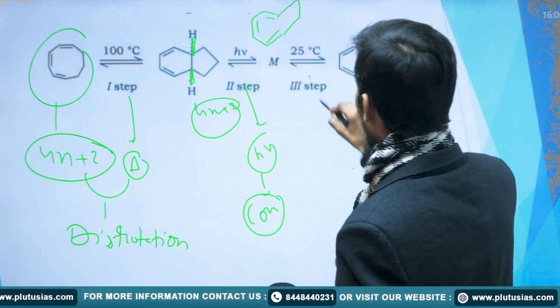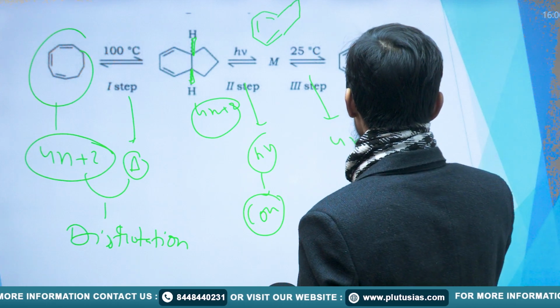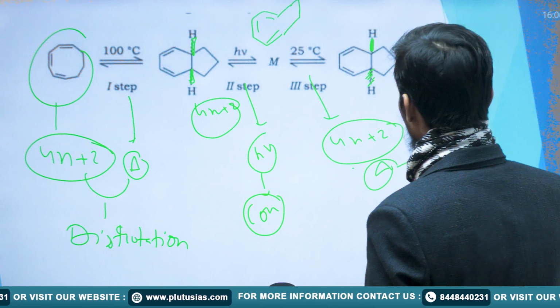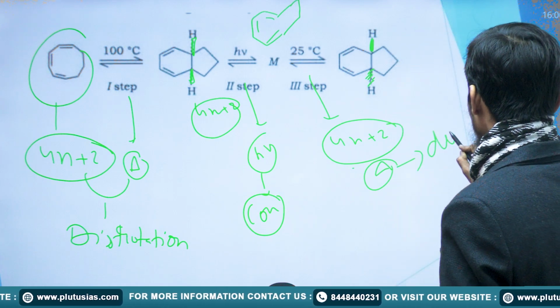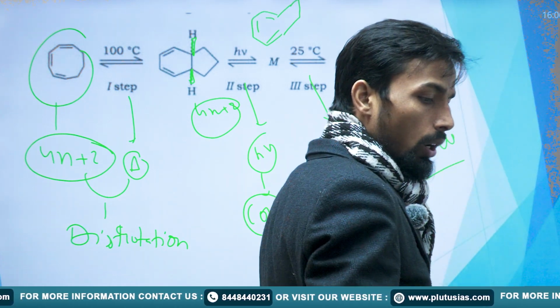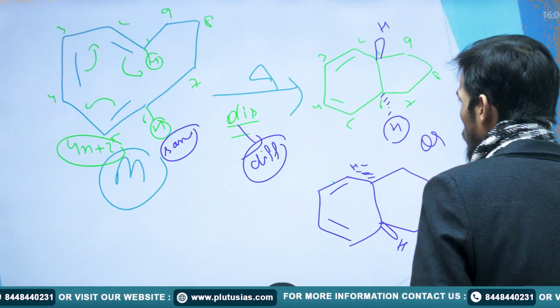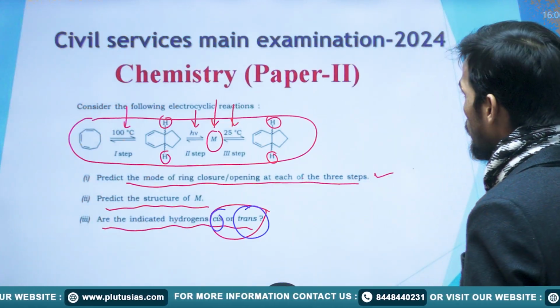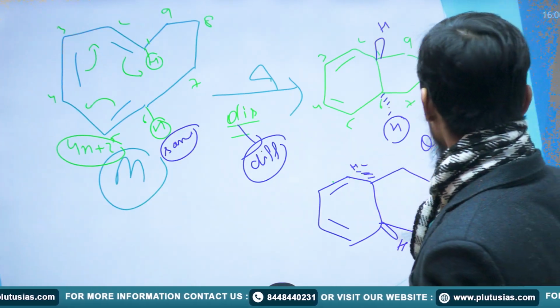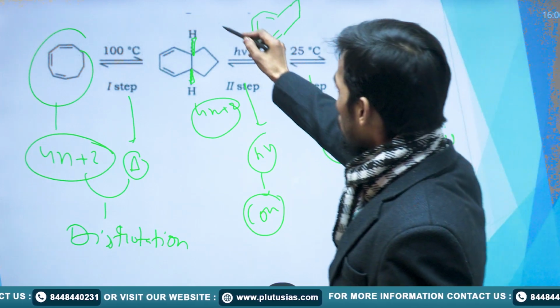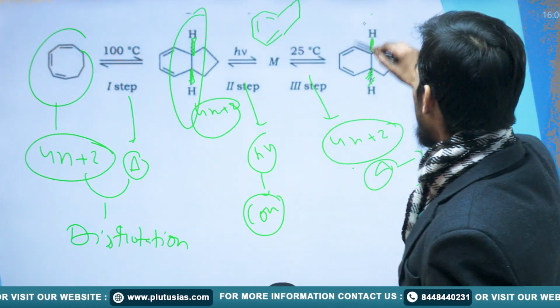We get this M, and again 4n plus 2 del, this rotation takes place. So these are quite a few steps which we can see over here. In the question, in the last, these hydrogens are cis and these are trans.